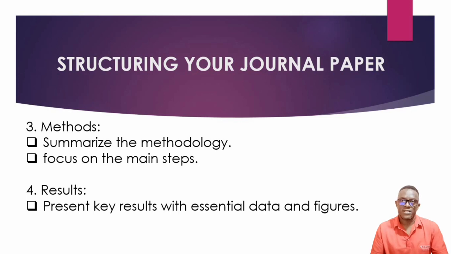This summarizes what you have done as a methodology, and then focus on the main steps of your methodology. Then of course you go ahead to present your results, and this, in the case of a thesis where you have multiple research questions or multiple objectives, you will need to split your objectives up into at least a certain number of fragments. I will show you in the example that I have before me.